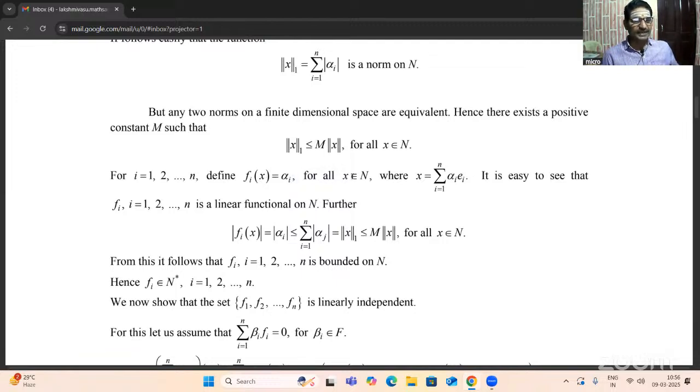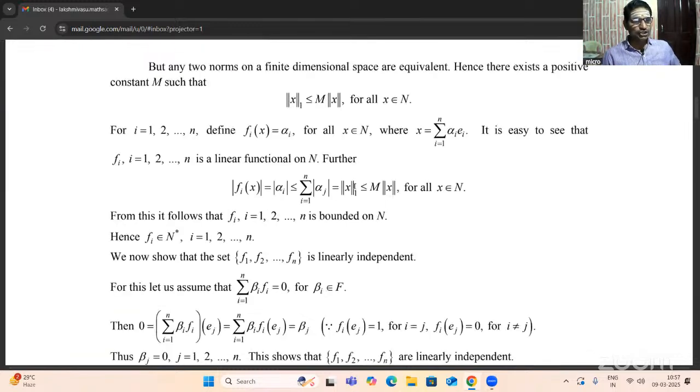So, for all x in N, x can also be written as summation alpha i e i. That is the linear combination for the linear functional on N. Now the absolute value of f i of x. So you are applying absolute value on both sides. The absolute value of f i of x equal to mod alpha i, and less than or equal to summation alpha i. So norm x at 1 is less than or equal to m into norm x.